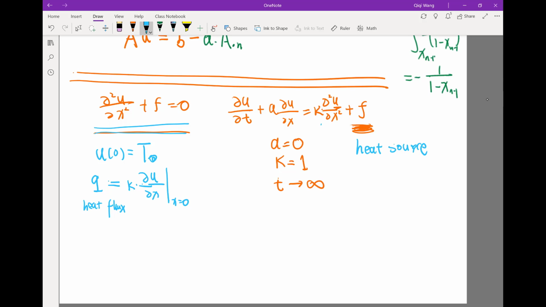Setting the solution value is sometimes called the Dirichlet boundary condition, and setting a derivative or flux of heat is sometimes called the Neumann boundary condition. Okay, so let's spend a little time discussing what happens if I set a Neumann boundary condition, fixing a derivative instead of fixing the value.